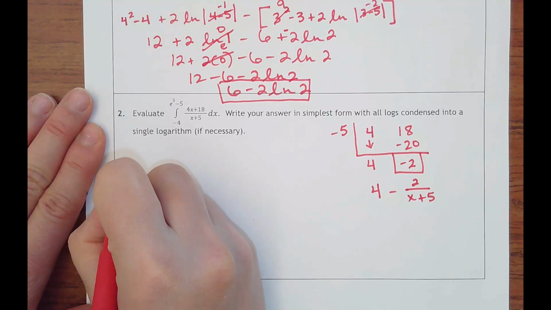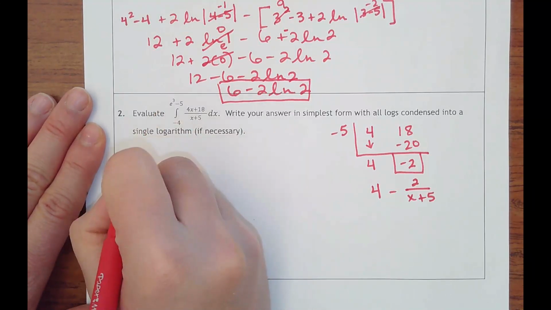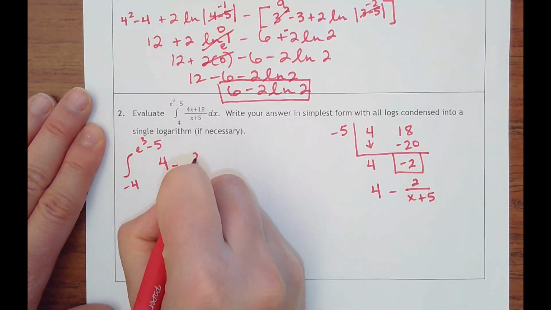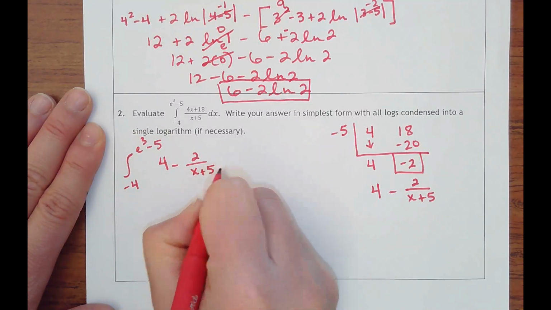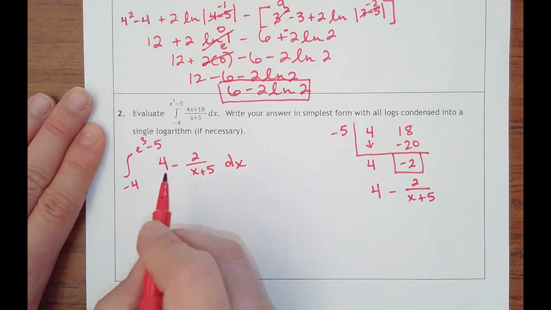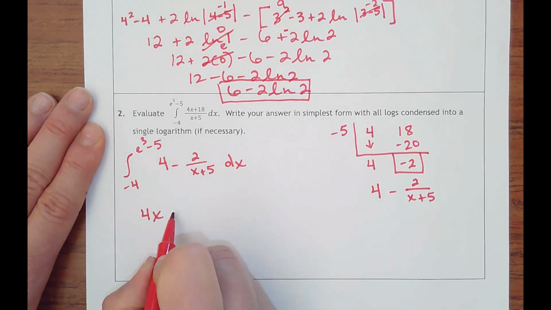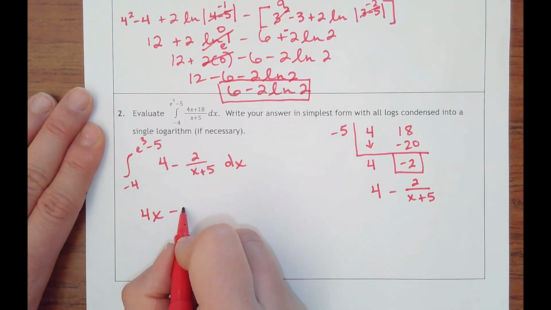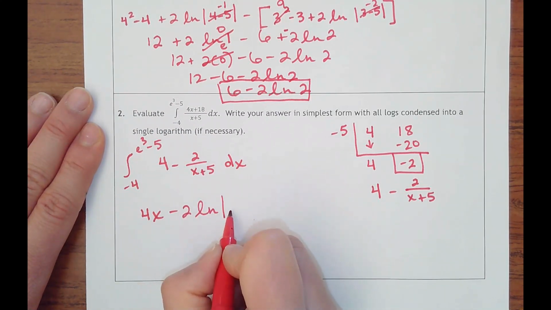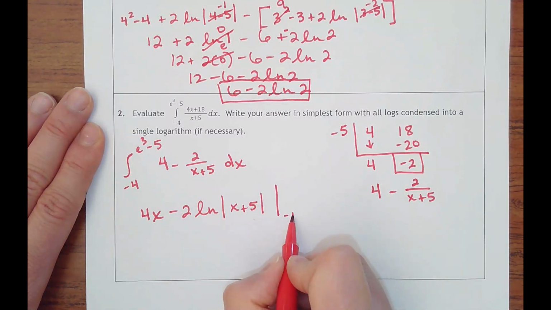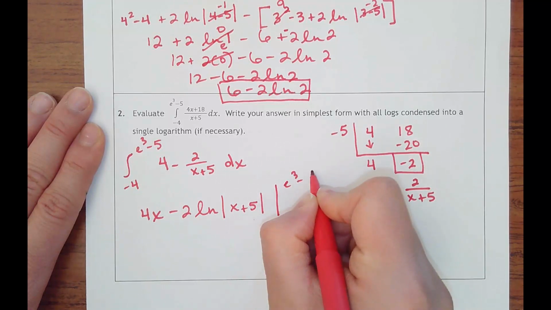Okay, so rewrite your integral. Okay, so the antiderivative of 4 is just tagging on an x, minus, this is going to be like a 1 over x plus 5 times negative 2, so it would be negative 2 times natural log of the absolute value of x plus 5 from negative 4 to e cubed minus 5.